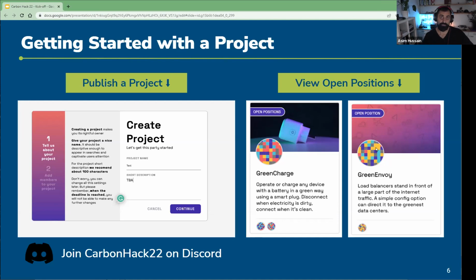We've got a matchmaking function on the Taikai website, or you can go to Discord, join Carbon Hack 22 on Discord and reach out to the project owners, or just reach out directly on Taikai as well. Those are the 2 things you want to do: either publish a project to work on yourself and with others, or join a project. Those are the 2 ways you can get involved in getting started in this space.